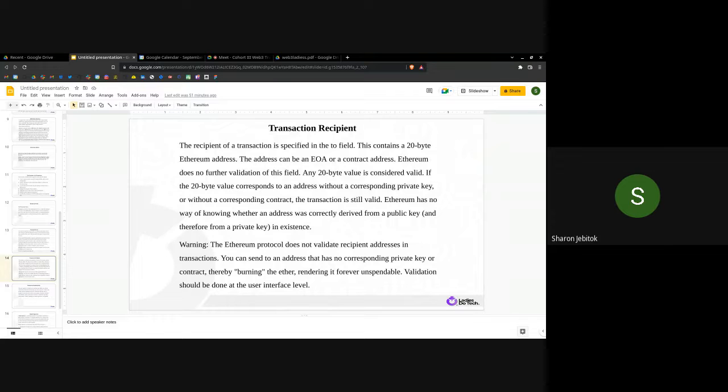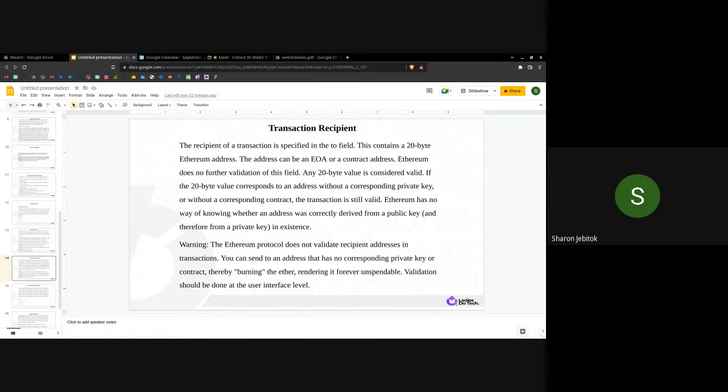If I'm the sender, and I'm trying to send someone some ether, the other person is now the recipient, and most likely I'll be sending to their address. So this field will have the address of the receiver.